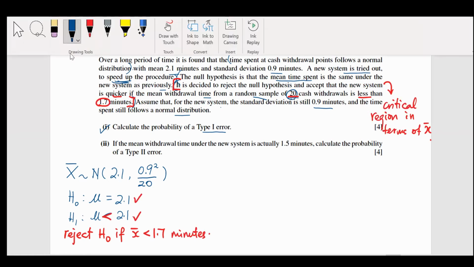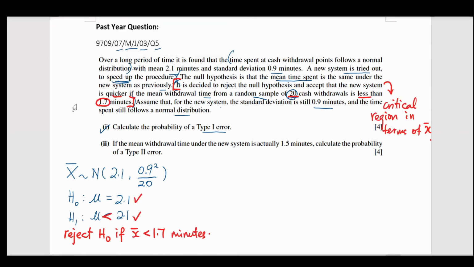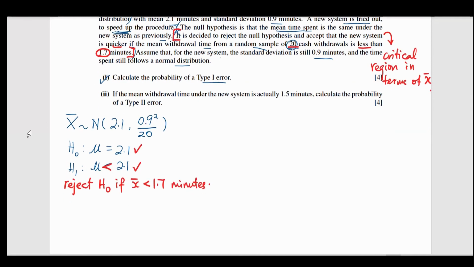Now we will be able to calculate the probability of a type 1 error. By definition, H null is rejected when H null is true.